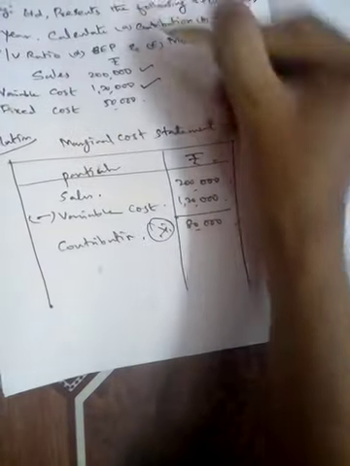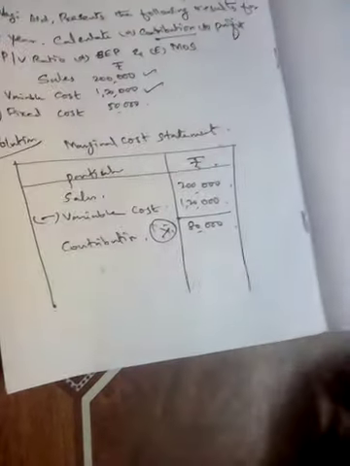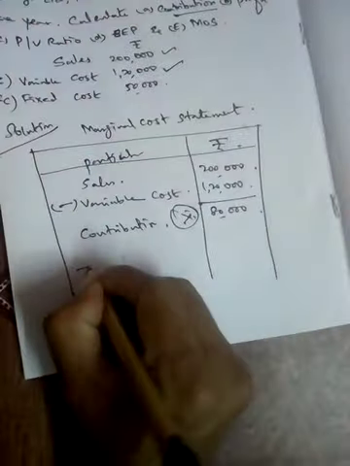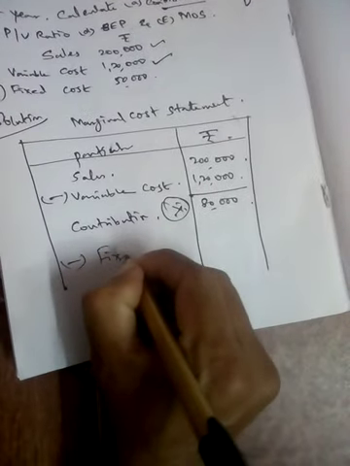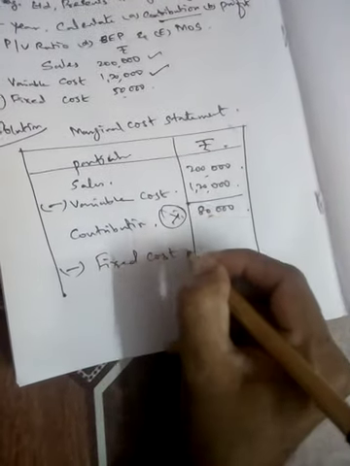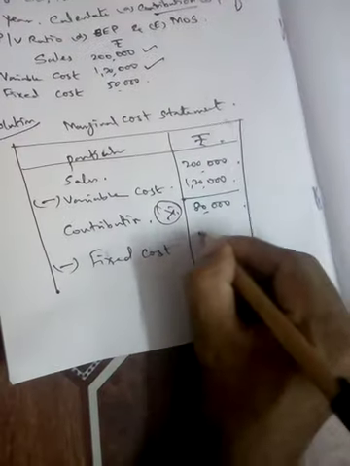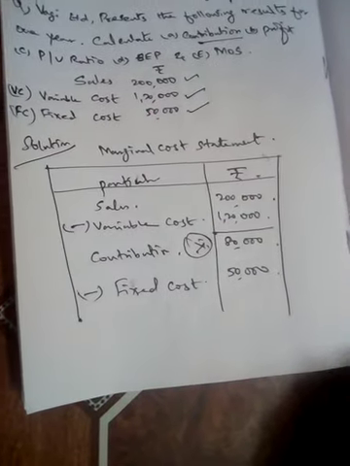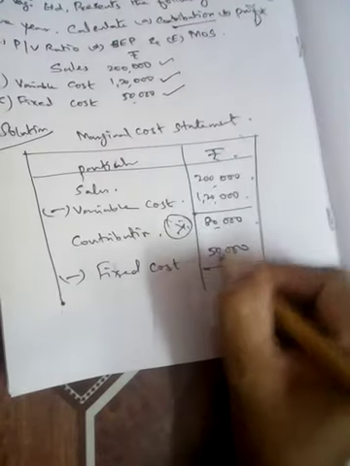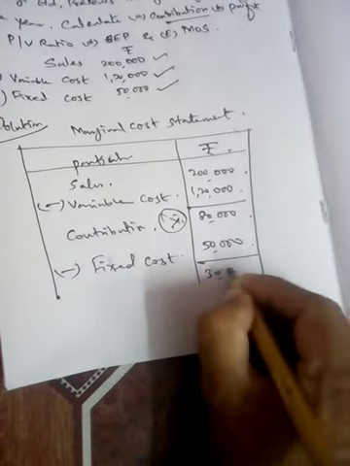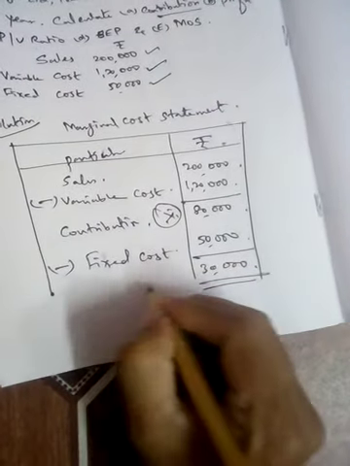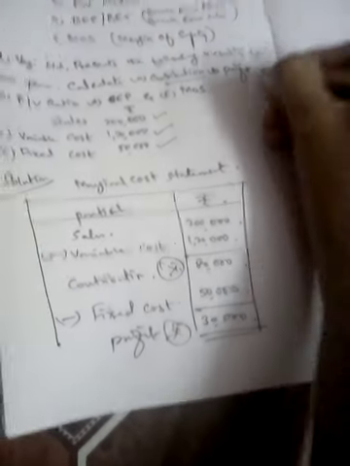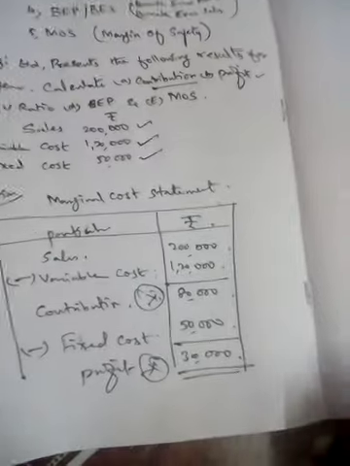So the first answer we got, and now we go further, that is, deduct the fixed cost from the contribution, that is 50,000 fixed cost. In the question itself they have given it. If you deduct this you get 30,000. So this is the profit. So now we got the second answer also, profit.